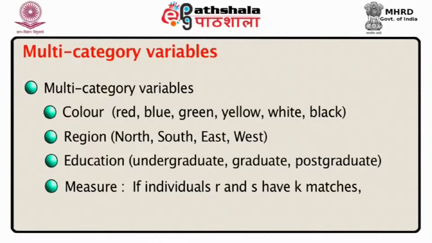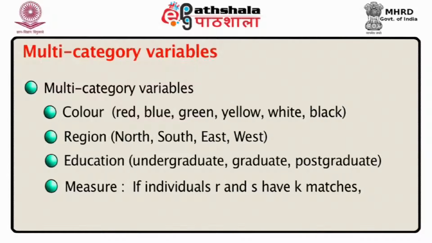And now in this case, if we look at two individuals, we can only think of matches. That is, whether these two individuals exactly match in the sense that they belong to the same category or they do not belong to the same category. If you are looking at, for instance, region, whether a person comes from the north, another person can come from the north or may not come from the north.